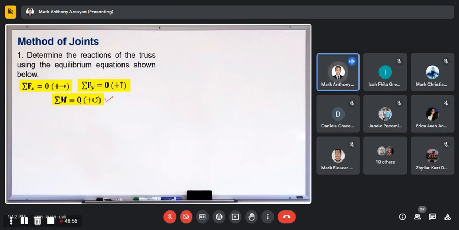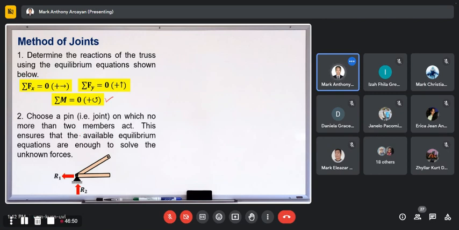Now, once na determine na to nato, the next step is magsugod na ta ang analysis per joint or per pin. Kay sa pin na gali, makit-an nato ang mga forces nga nag-exist within the member itself nga connected ana nga joint or ana nga pin.